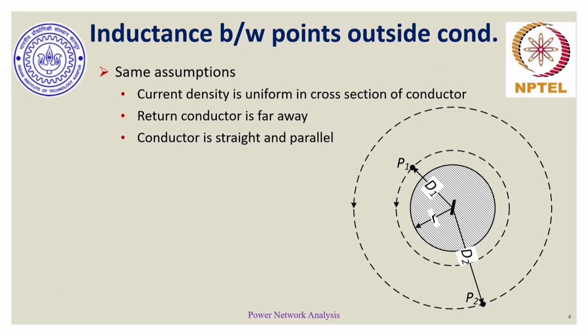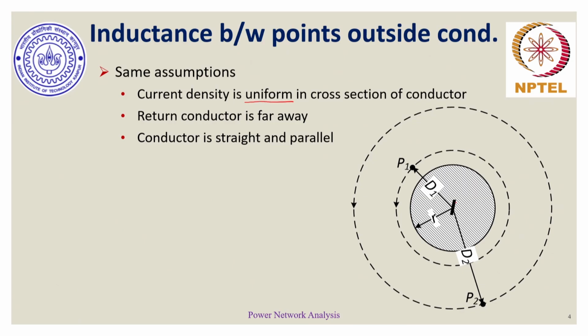So, our assumptions remain the same, the idealistic assumptions; in fact, all assumptions tend to be idealistic. So, we are considering those assumptions for the sake of easy analysis. What we are assuming is that the current density inside the conductor is always uniform.